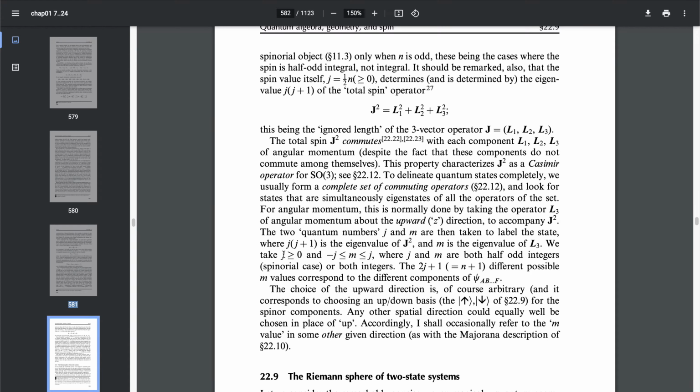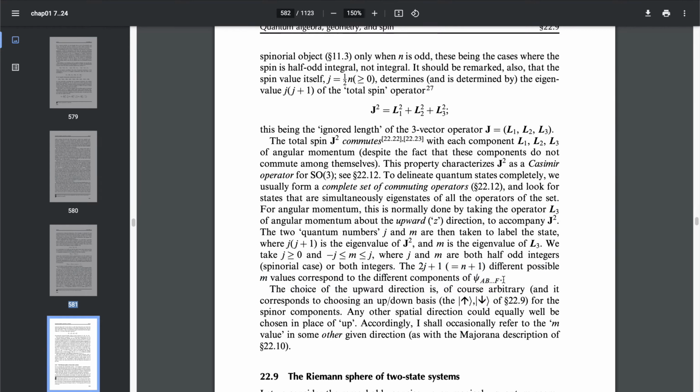And we take j greater than or equal to 0, and m in boundaries from minus j to j, where j and m are both half-odd integers in the spinorial case, or both integers. Okay, and the 2j plus 1, or n plus 1, different possible m values correspond to the different components of the spinor tensor here.